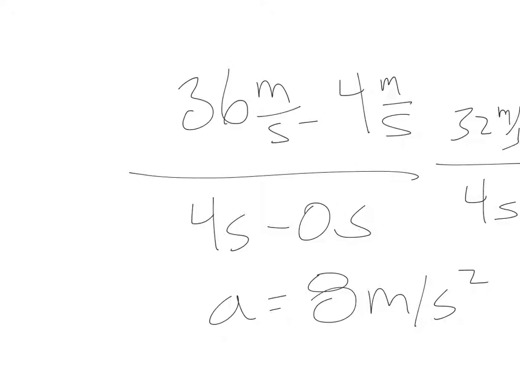Okay, next up. The next problem is the one right below it about Brianna driving a race car. Brianna's race car has an acceleration of 52.4 kilometers per second squared.